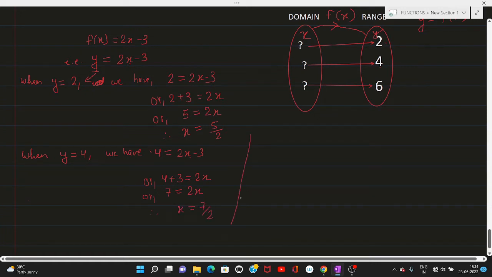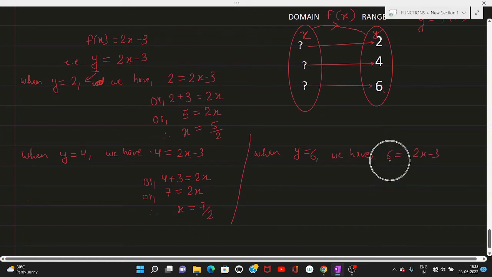Similarly, when y is equal to 6, we have 6 is equal to 2x minus 3.